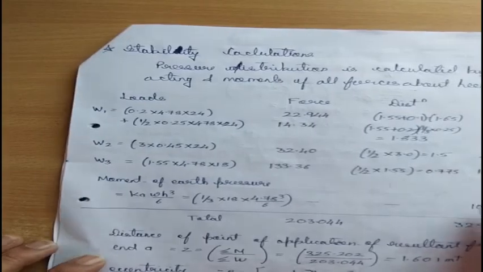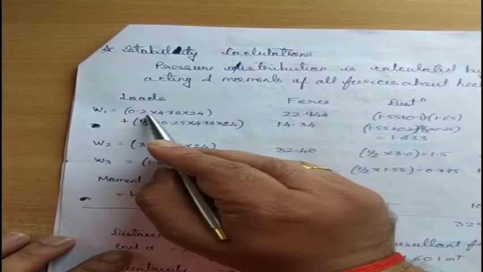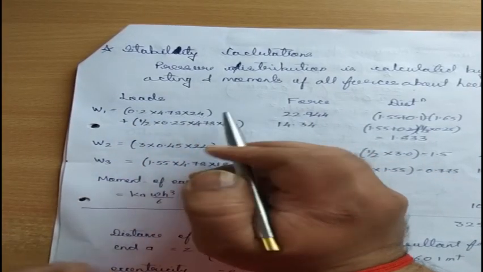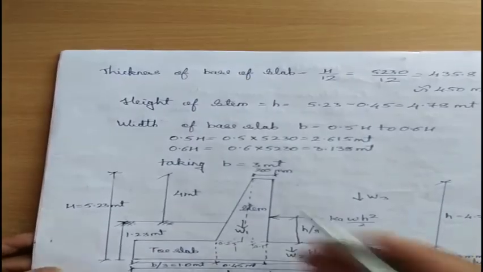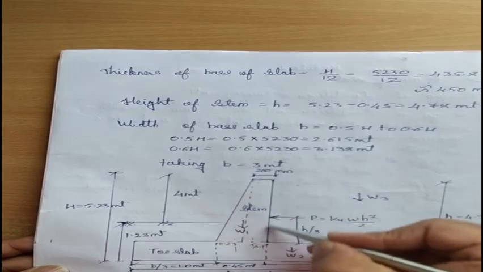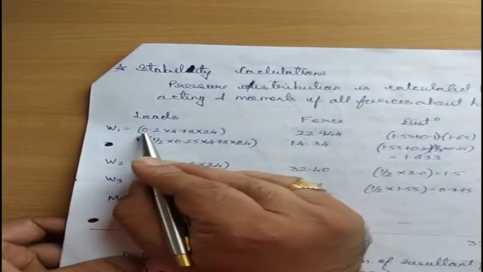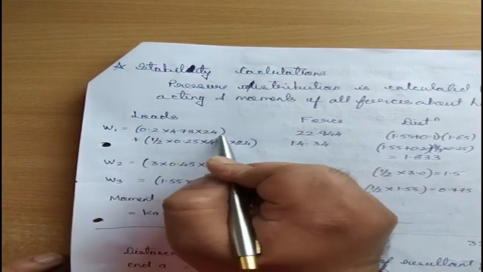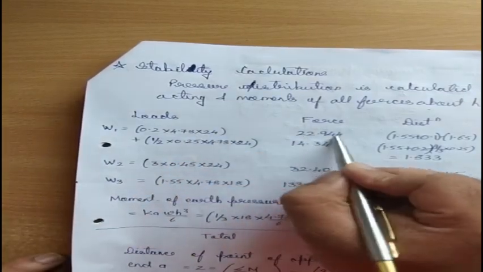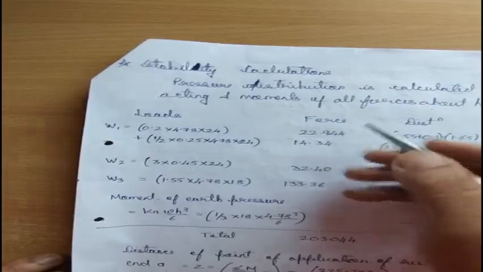Let us find out its self weight. First the rectangular section: 0.2 into 4.78 into 24, the density of concrete, which works out to 22.944.